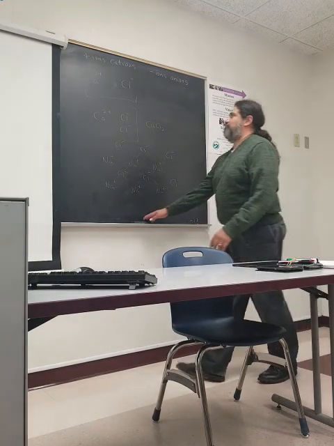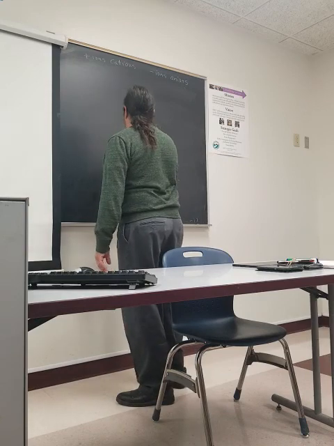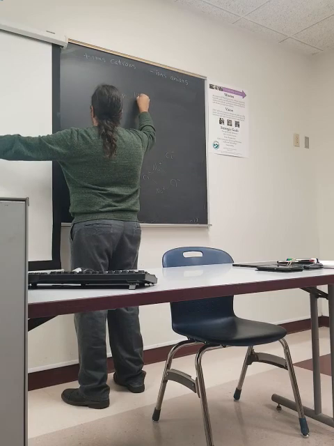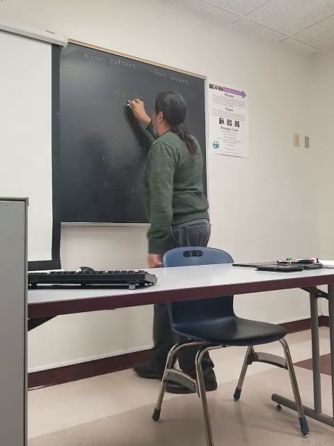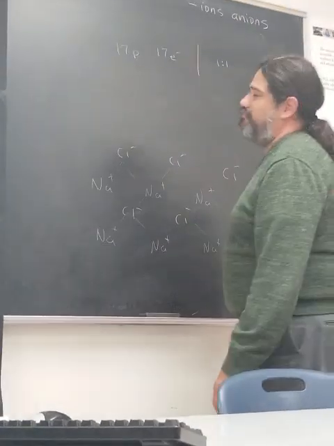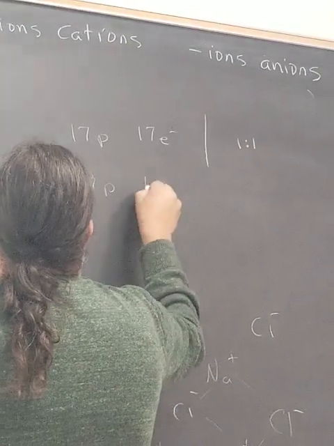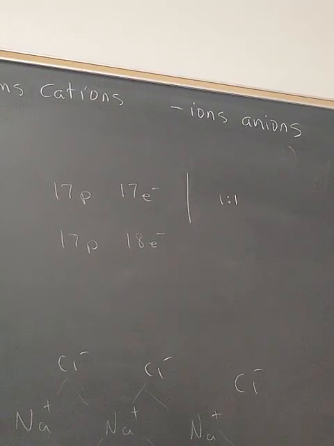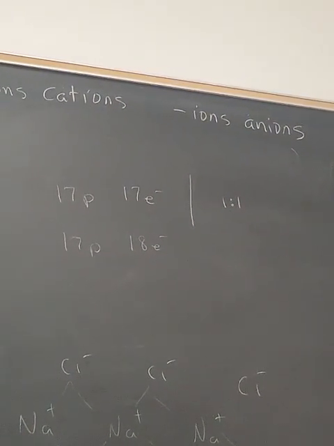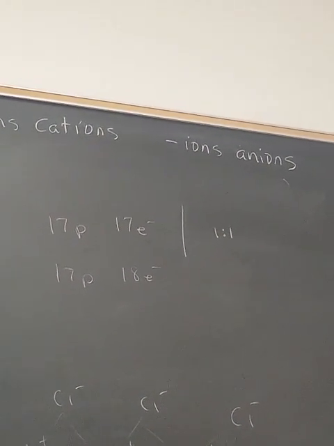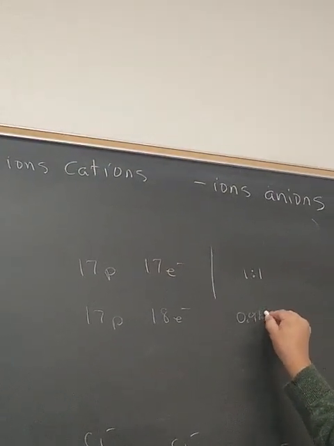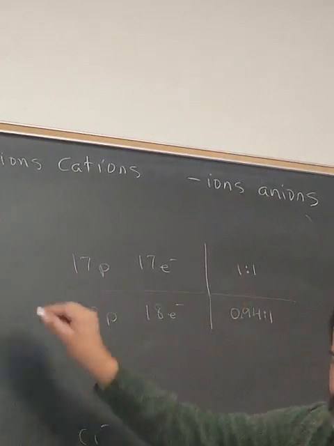Basically, think of it as a magnet. So chlorine here has 17 protons and 17 electrons. So the positive to negative, it's a 1-to-1. But once it gains that electron, now that ratio, if we divide 17 by 18, is 0.94 to 1.